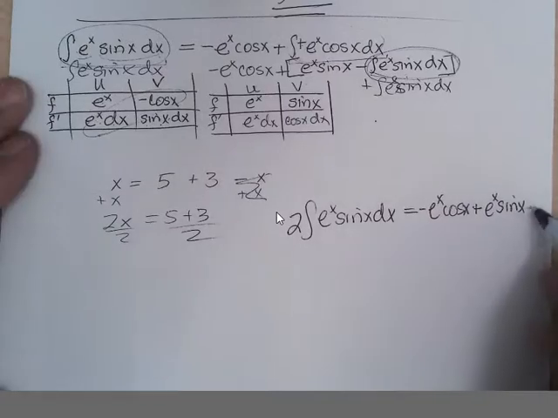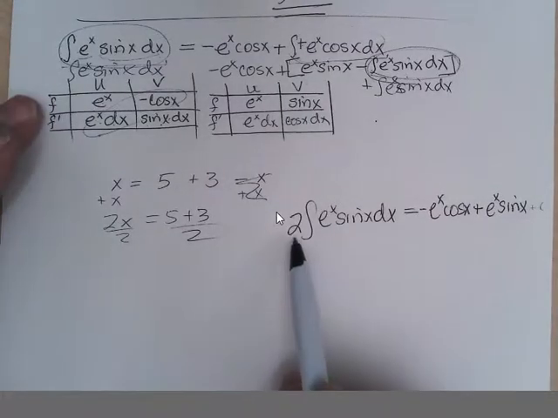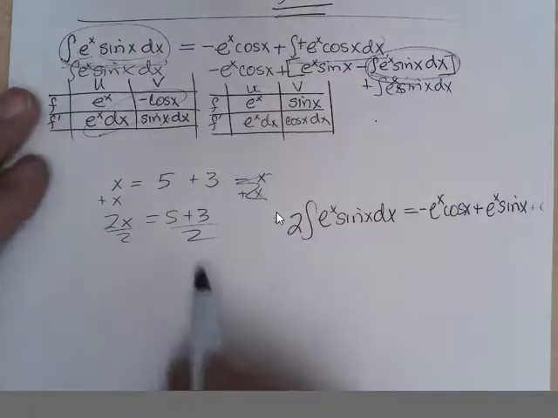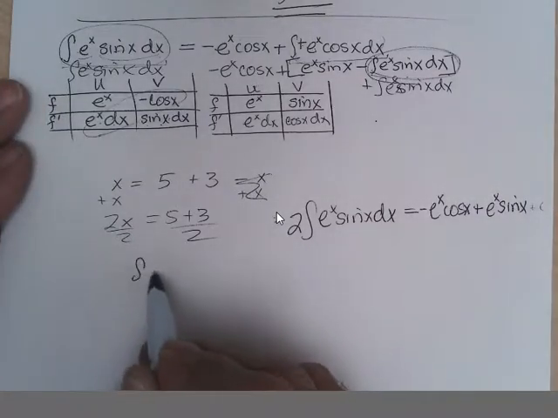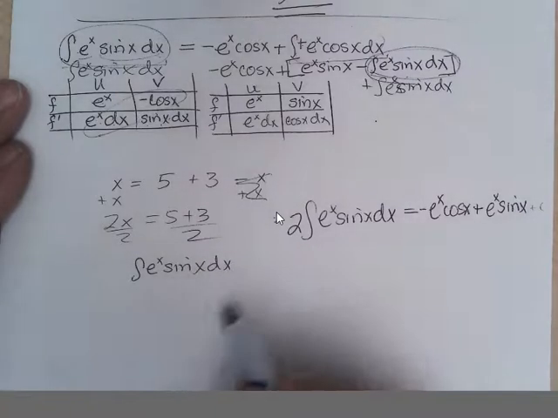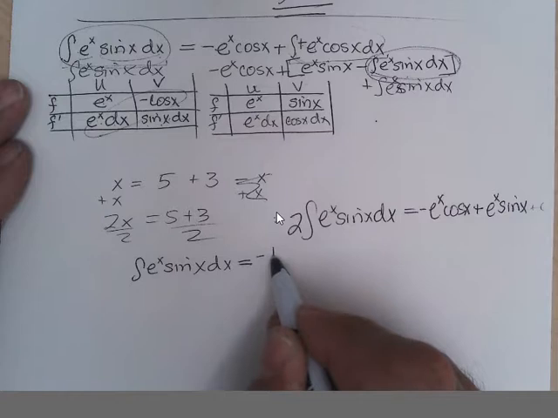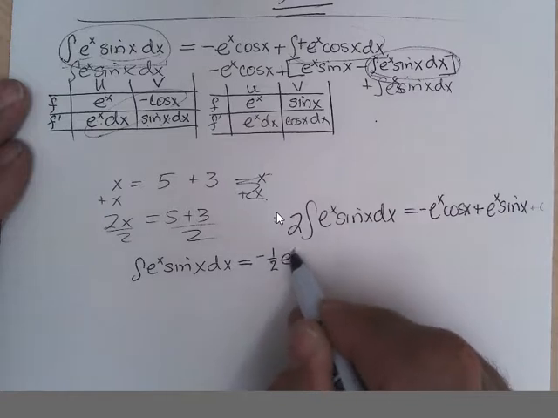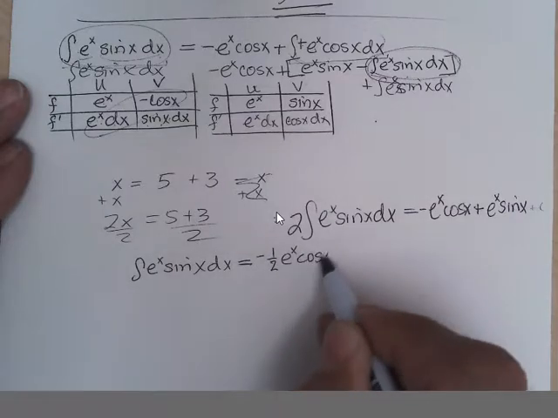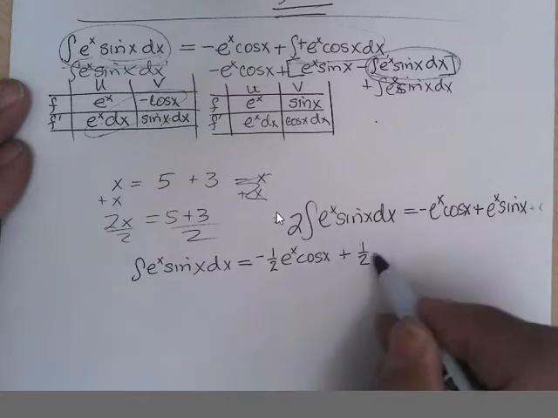And of course there's a plus c, of course. Well, I don't want to know 2, so I'm going to multiply everything by a half. And I get the antiderivative of e to the x sine x dx, what I wanted to find out in the first place, is half of this plus half of this.